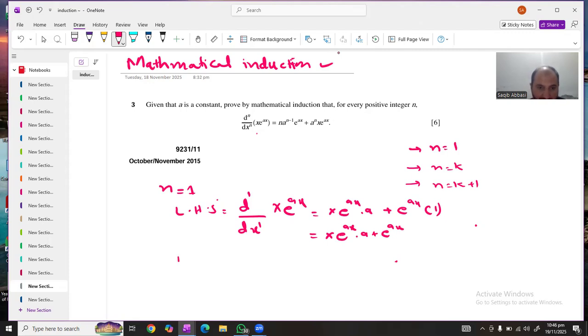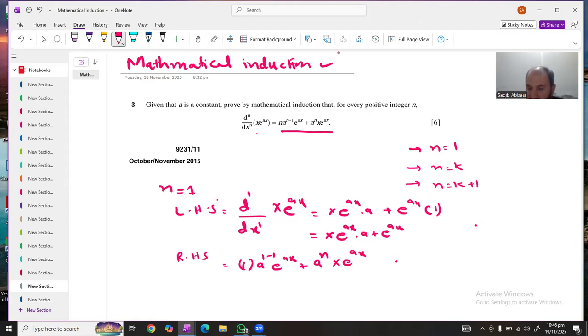Now we take the right hand side. In the right hand side we put n equal to 1. This is our right side: a power n minus 1 e power ax plus a power n x e power ax.